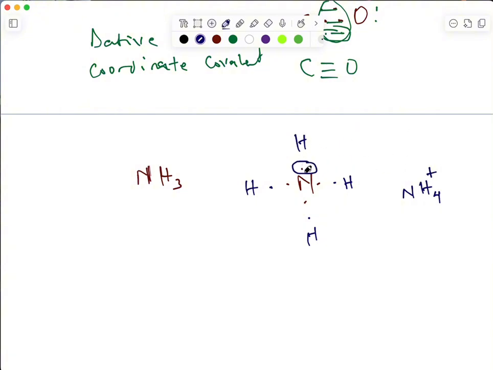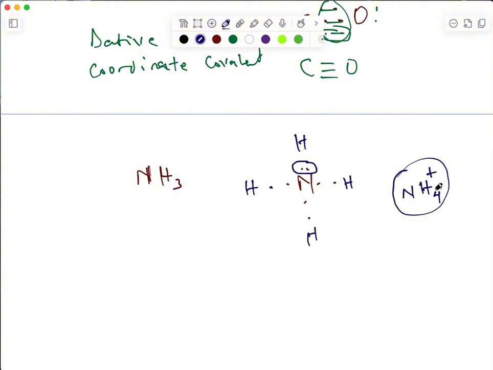Hydrogen is just going to bond with this lone pair. So you can see we have hydrogen here, we have nitrogen here, and we now have NH4 plus.